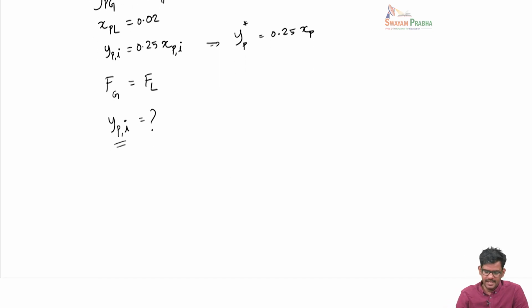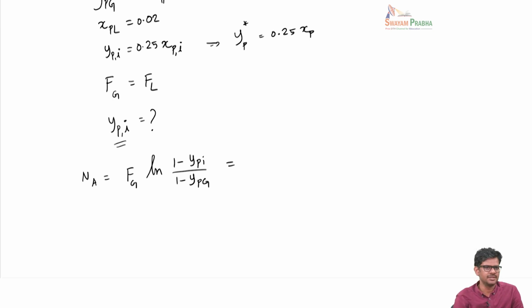So, first we will write NA. The expression for NA is F times ln of (1 minus YAI) by (1 minus YAG) should be equal, and here I am going to put the suffix G referring to the gas phase F coefficient, and that must be at steady state equal to F_L times ln of (1 minus XAL) by (1 minus XAI).